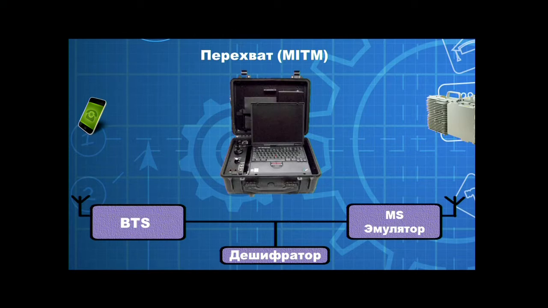So in order to do the interception, we will have three blocks: the virtual base station, the decryptor, and the emulator. So the telephone is connected to the virtual station. The emulator of the mobile phone connects the telephone to the operator.